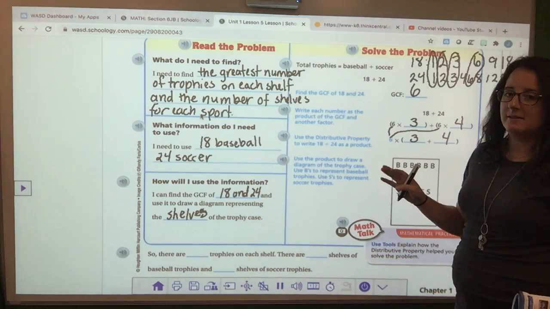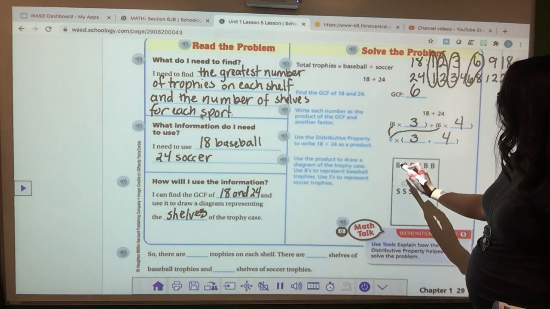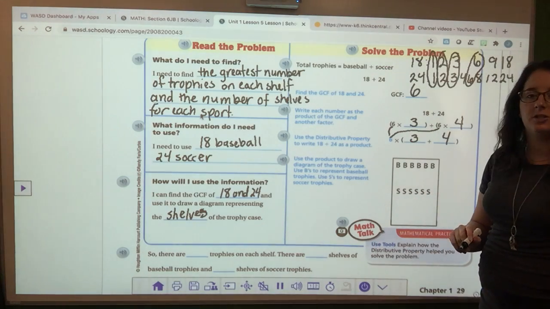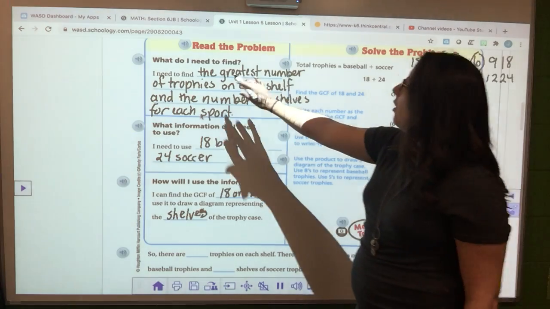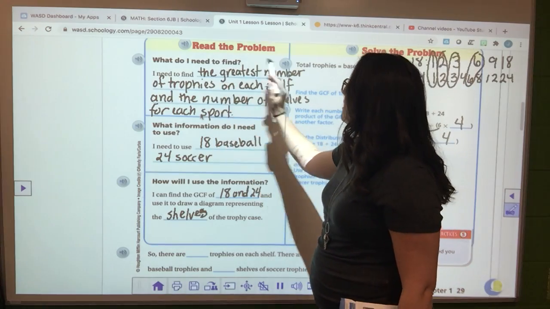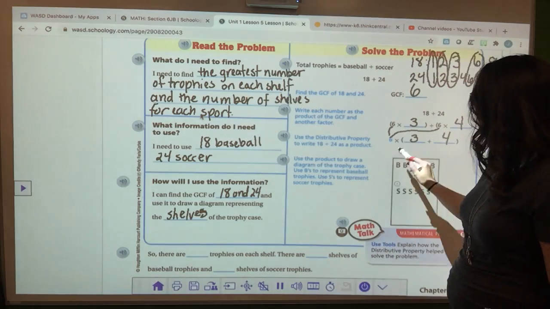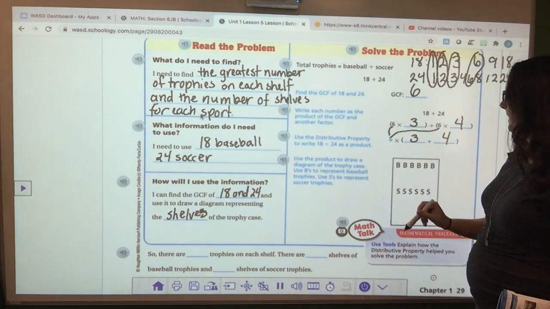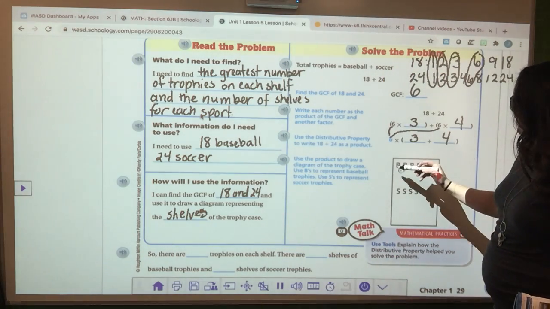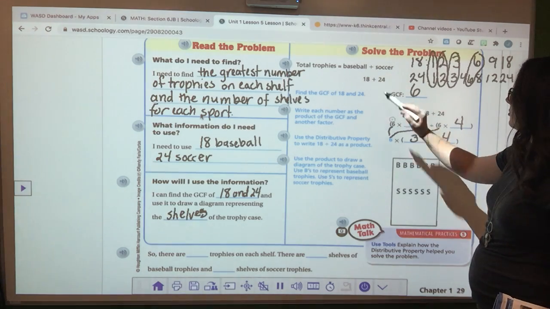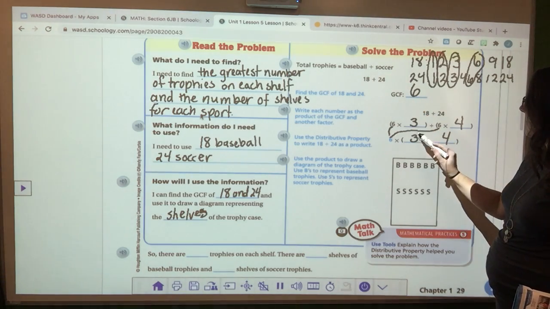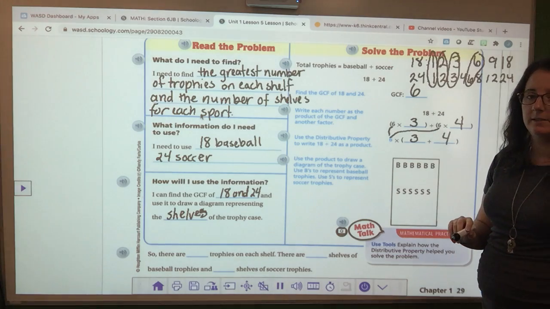So this means there are going to be 6 trophies on each shelf. That's our greatest common factor. Go back to our question. The greatest number of trophies on each shelf is 6. There will be 3 shelves or 3 rows of our baseball trophies because 6 times 3 is 18.